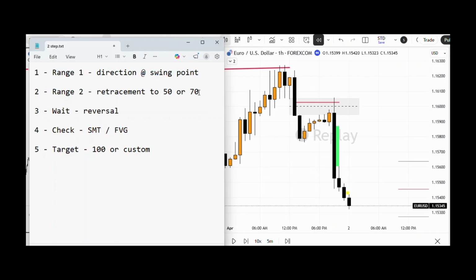Now the A to B leg is usually a strong move. Not always, but a strong move. Now we want range 2, which is a retracement or corrective leg. It goes back into range A to B. Now this move is shorter than A to B, and we want price.